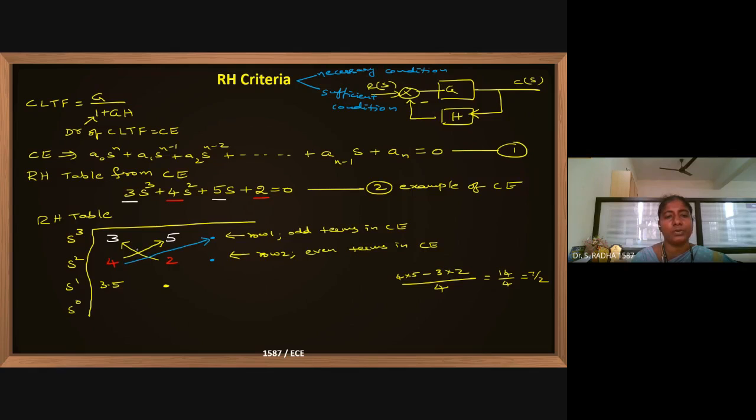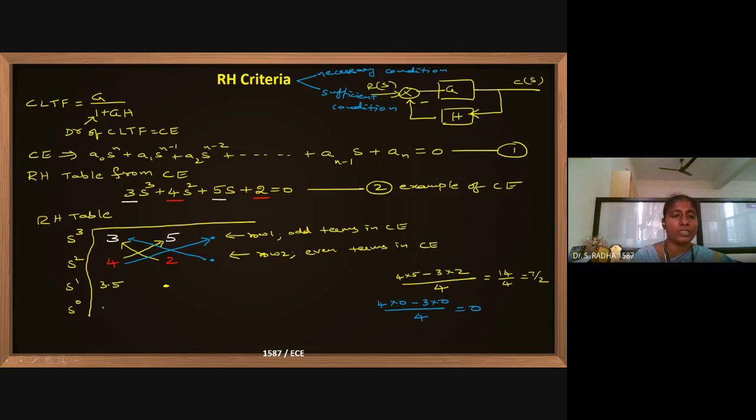So 4 into 0 minus 3 into 0, divided by 4, is nothing but 0. Further elements cannot be calculated in the S power 1 row, so only one element is present.